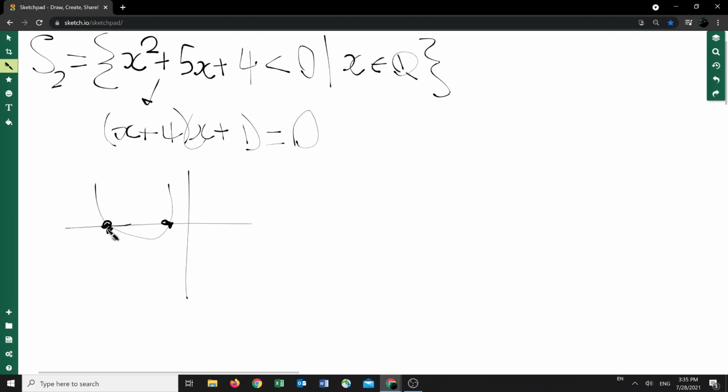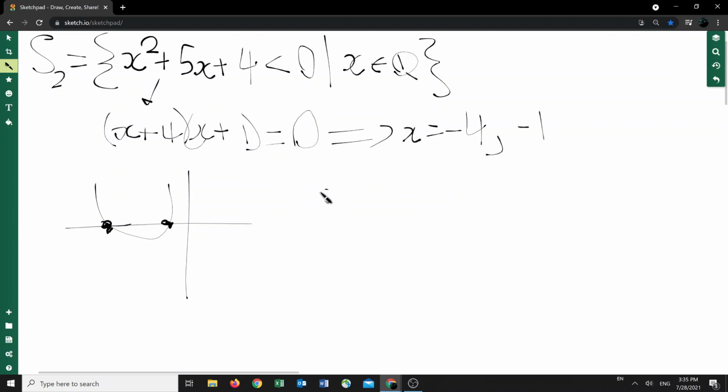So therefore, once we find our zeros, we can just use those as the bounds for this little set here. So, what values satisfy this? Well, that's clearly just x between -4 and -1.